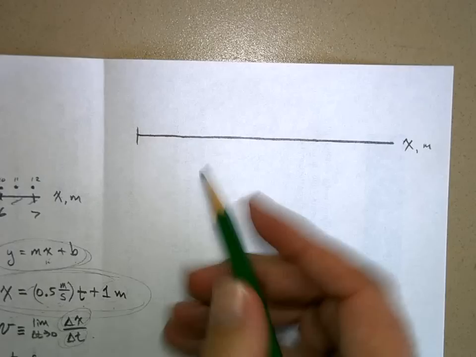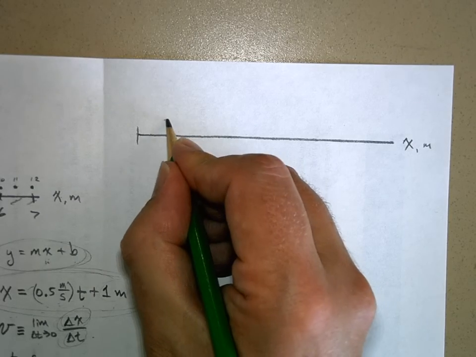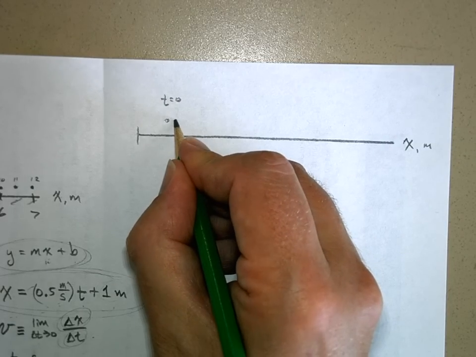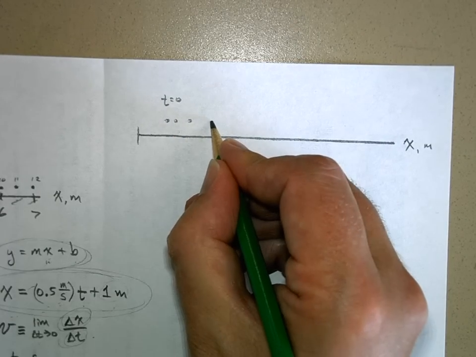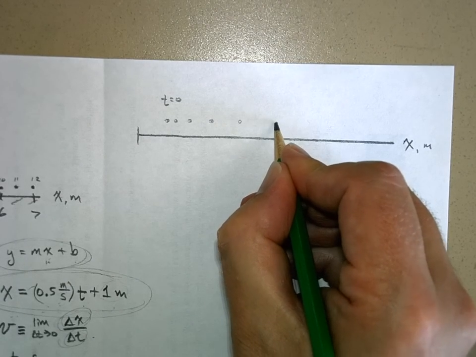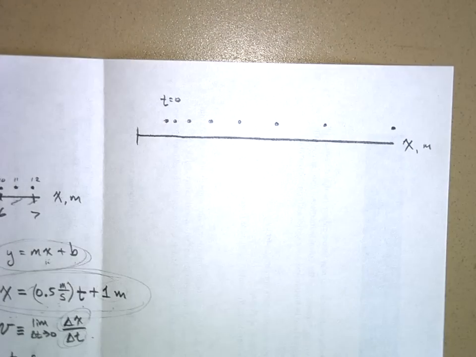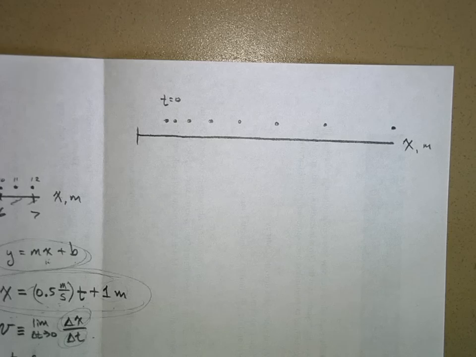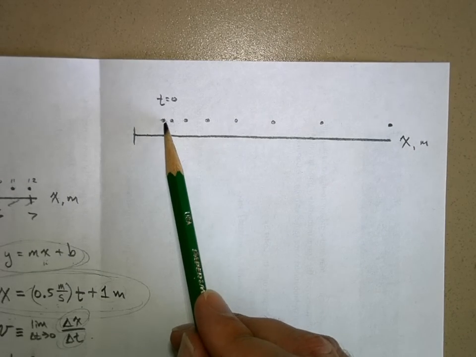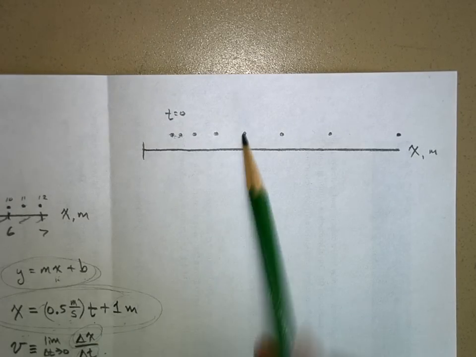So let's say we start here, and then at time t equals 0, and then 1, 2, 3, 4, 5, 6, 7. I didn't draw this particularly well, but let's say that there's a second between each dot, a second between each position.